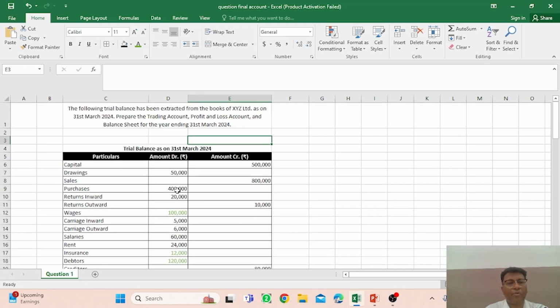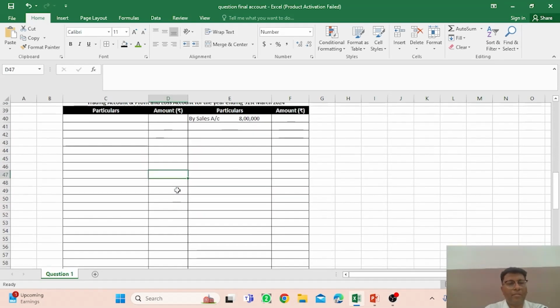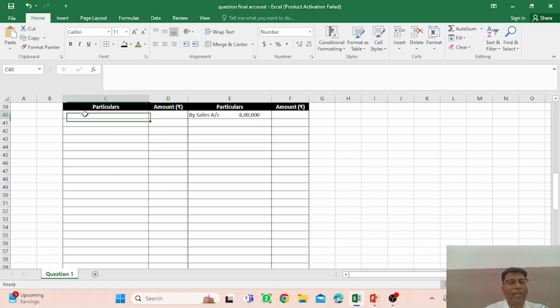Okay, and purchases are given to you, rupees 4 lakh, right? So if opening stock is given to you, then first write down the opening stock, and after that you have to mention the entry of the purchase account.